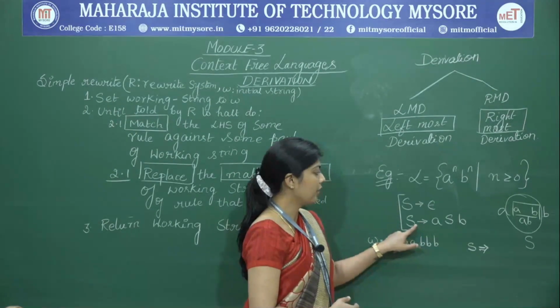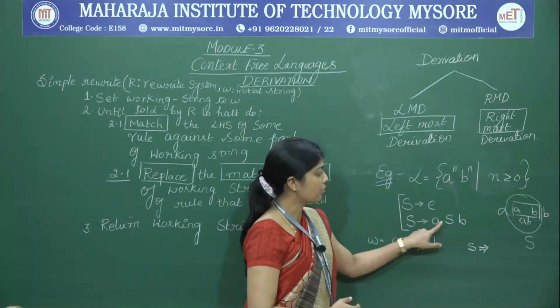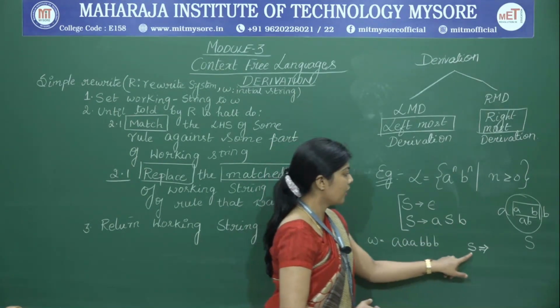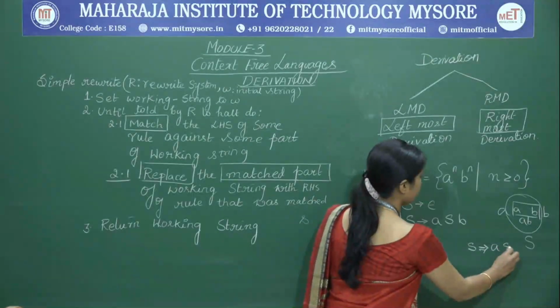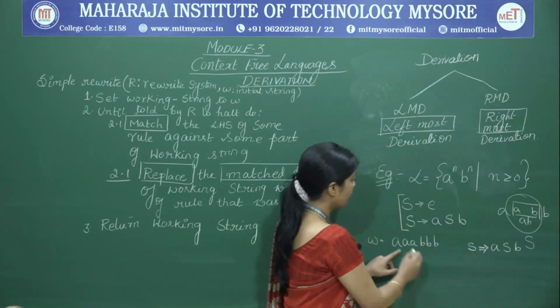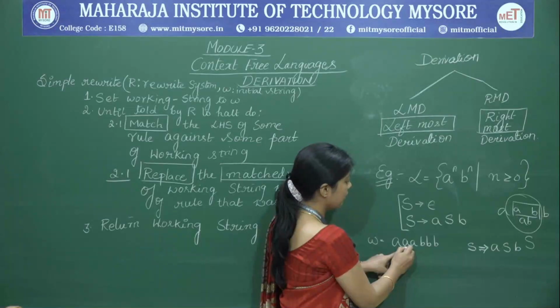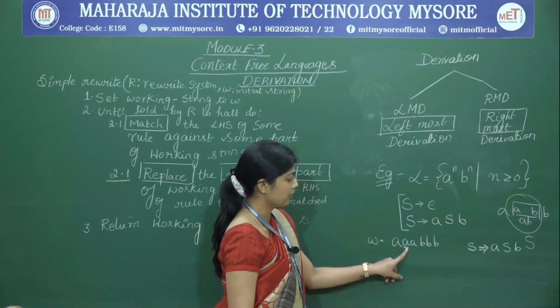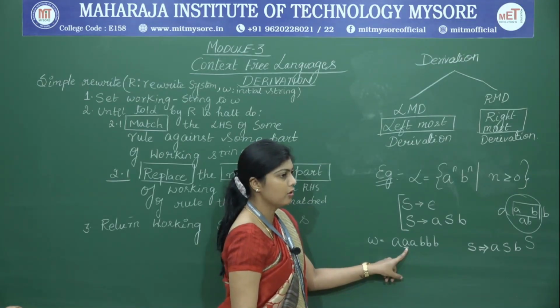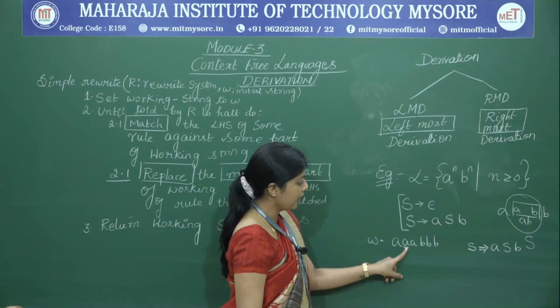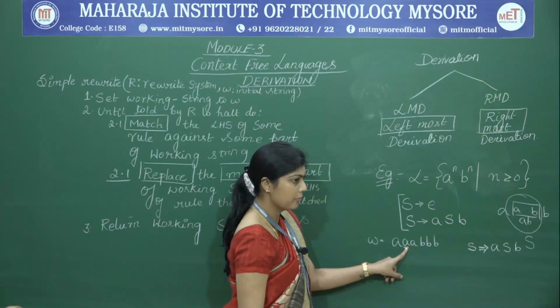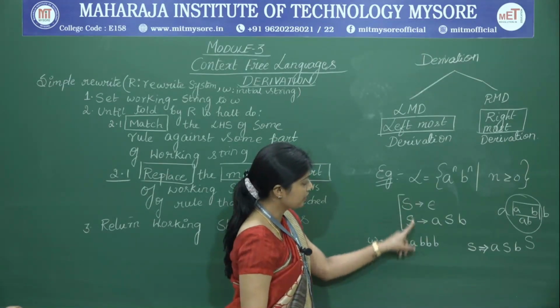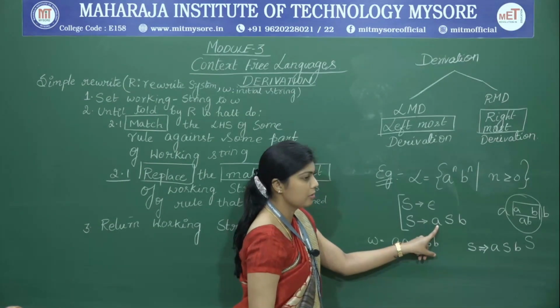Therefore we'll go with the production rule S goes to aSb. Then we'll see what is the next symbol that I want to have in the string that I am going to generate. This a is the second symbol, so we'll see which production is generating the symbol a.